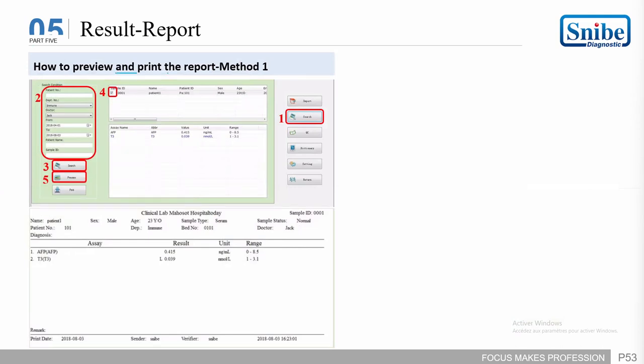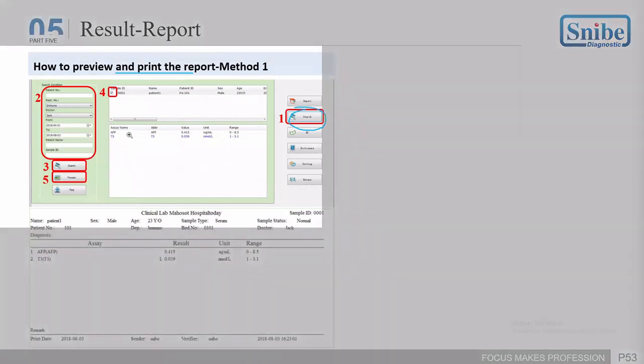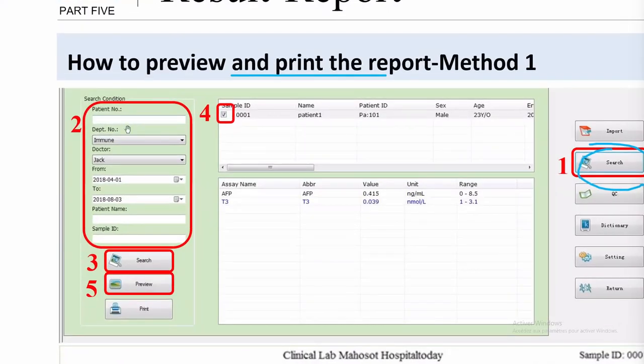So how to preview and print the report? Method 1 is to enter search, and then enter the criterion. You want to enter some information to make your search more precise.